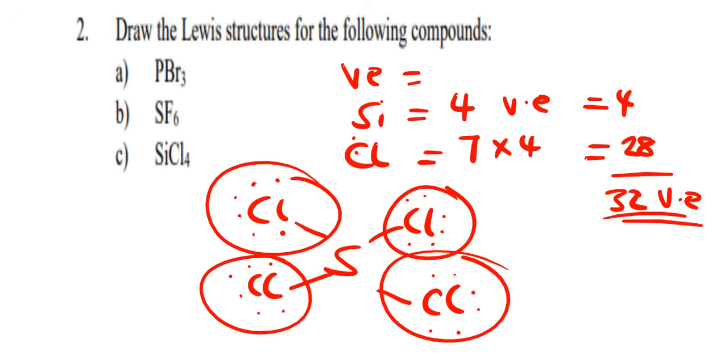So all of them are going to be used up, and this is what we are calling the geometry, the way the shape looks. This is a tetrahedral shape.